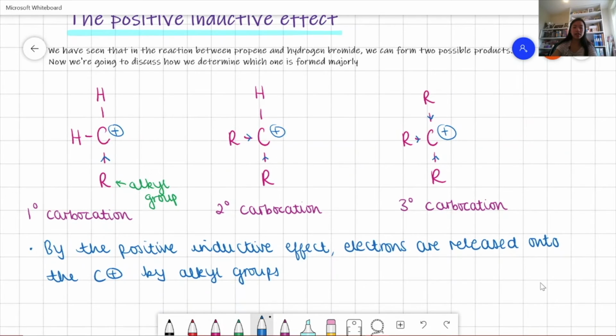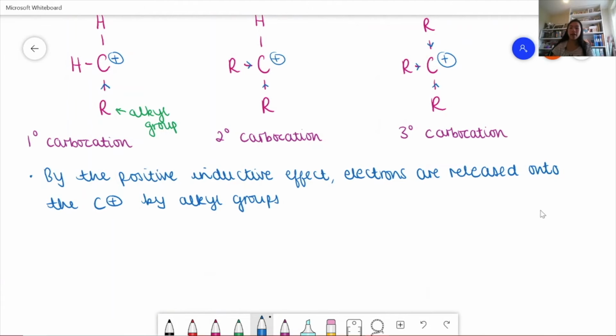And what this does is it makes the charge more stable. So it makes this carbon with the positive charge more stable, and in turn that means that the carbocation is more stable.